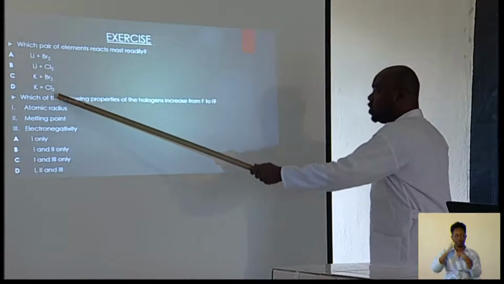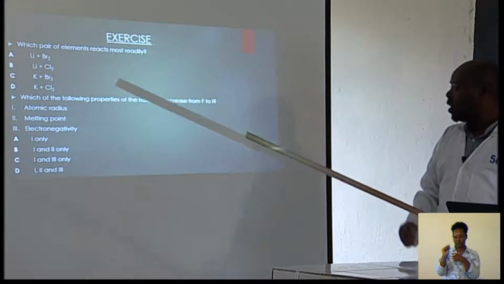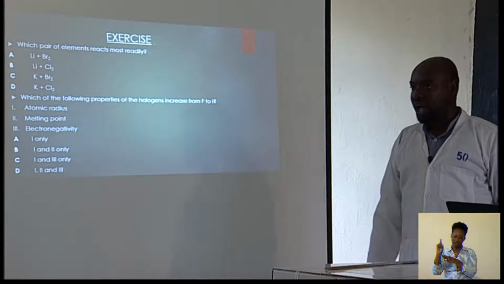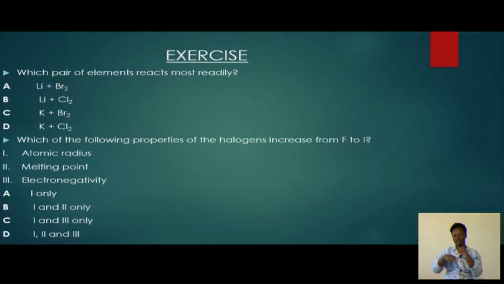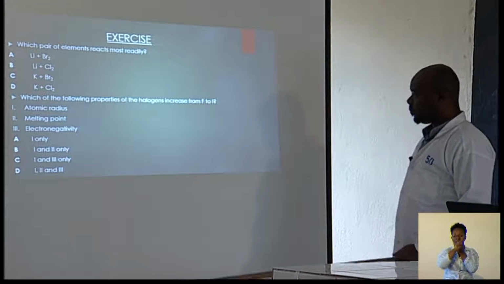So the combination of potassium and chlorine will react more readily than any of the 3 other suggestions we have. I think that is clear. So the right answer is D. If you have suggested D, you got it right. Good. So we go to the second question.